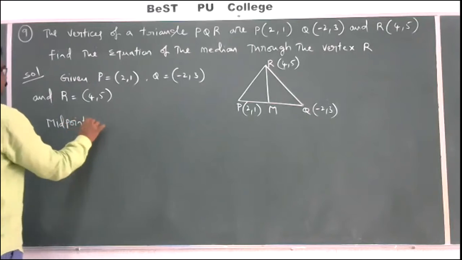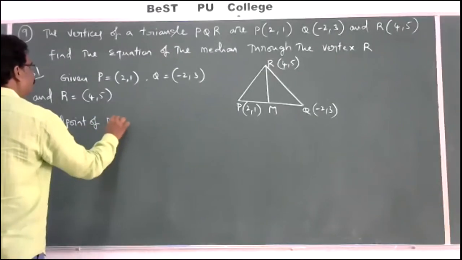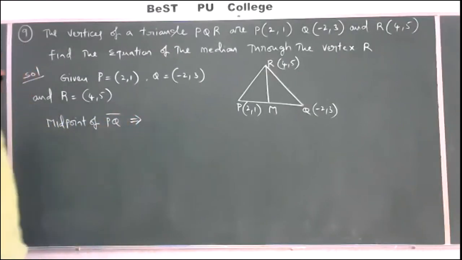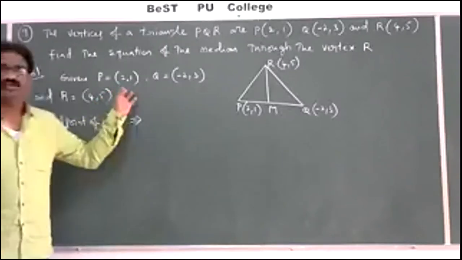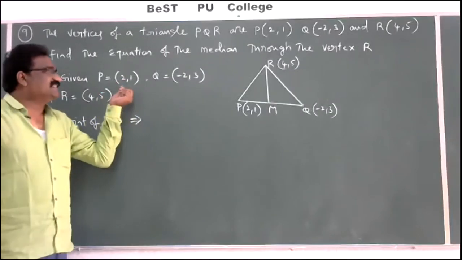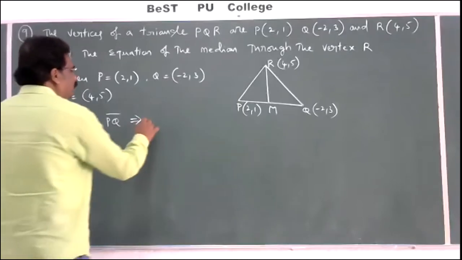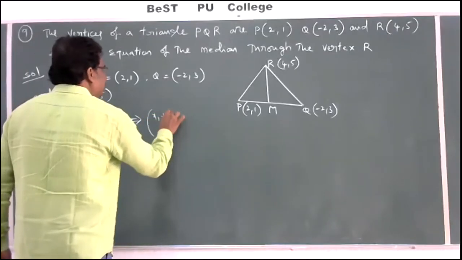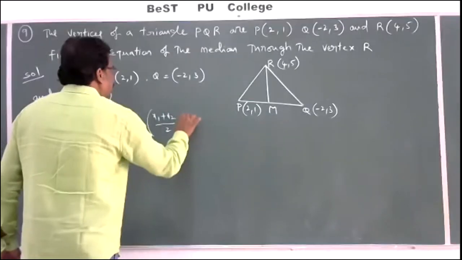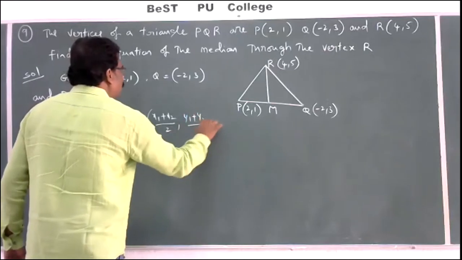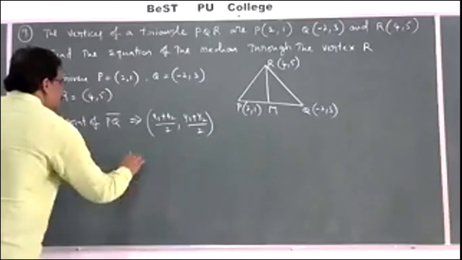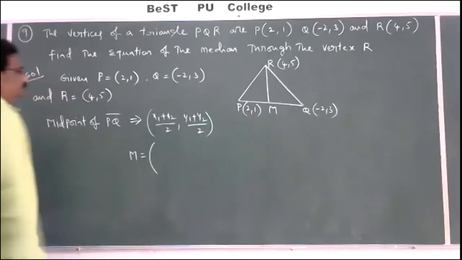Midpoint of PQ bar. So this is x1, y1 and this is x2, y2. What is the midpoint formula? You know already, x1 plus x2 by 2, comma, y1 plus y2 by 2. That is M is equal to.